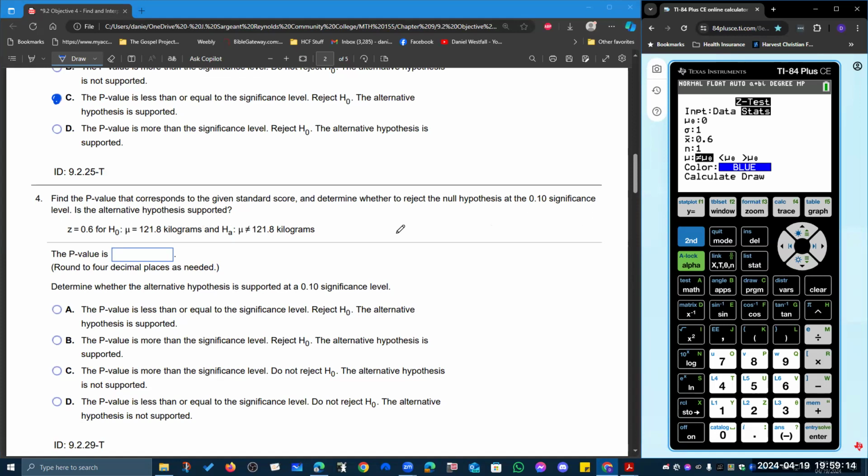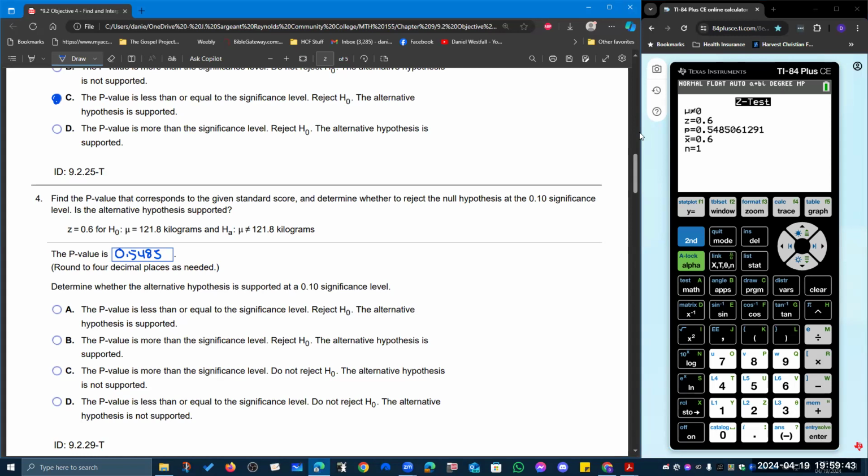What we need to worry about is the sign here, that this is not equal to. So calculate here, and you see that Z is 0.06. The p-value is 0.5485. That's definitely bigger than my alpha of 10%.